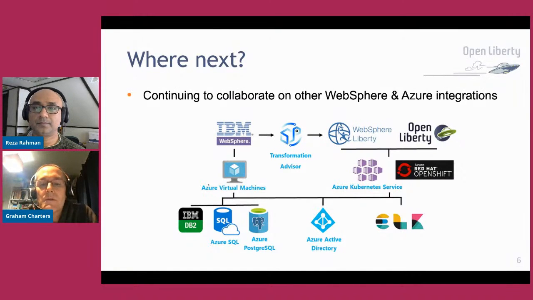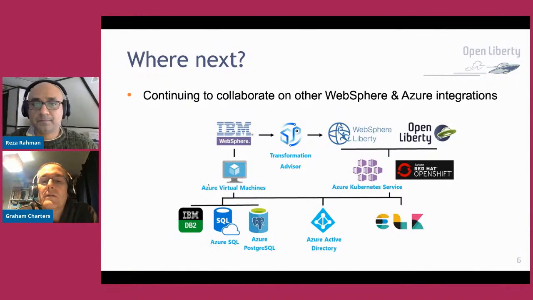If they've chosen Azure as their cloud of choice, then we want to enable them to get to their desired modern destination. So we're looking at things like deploying traditional WebSphere applications in Azure virtual machines, making the modernization tools available, so Transformation Advisor available in Azure to help them analyze those applications and plan deployments to WebSphere Liberty or Open Liberty.